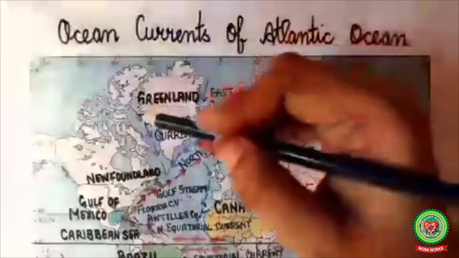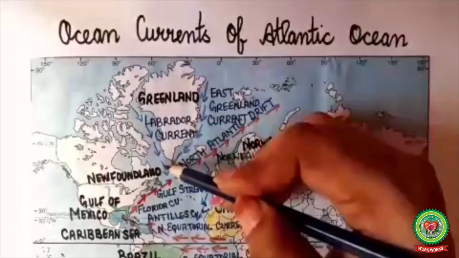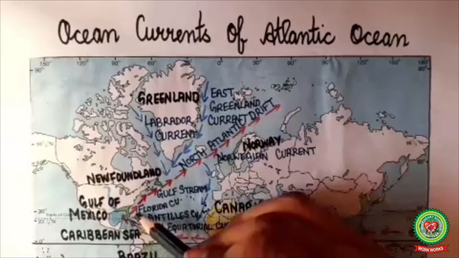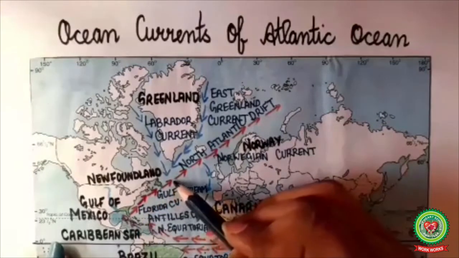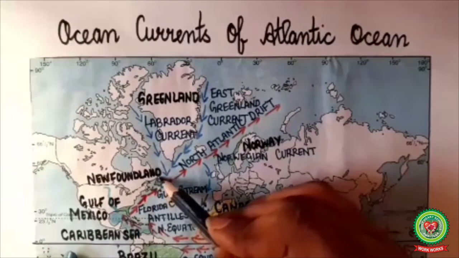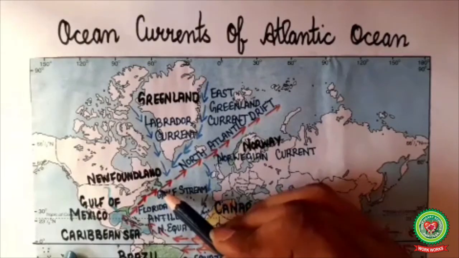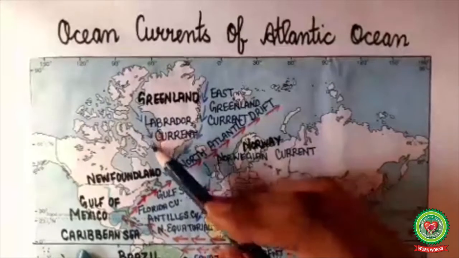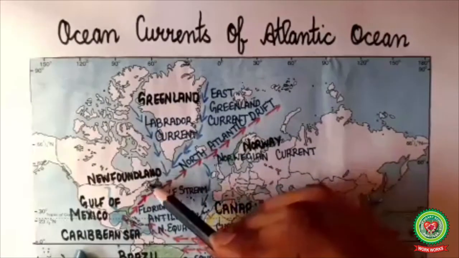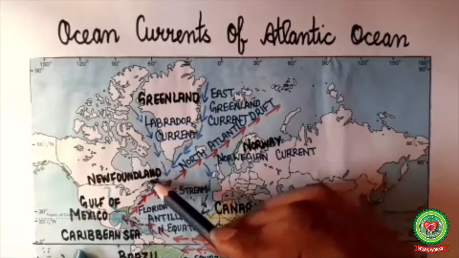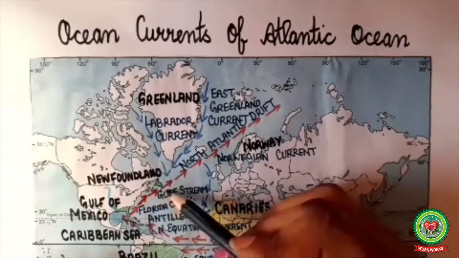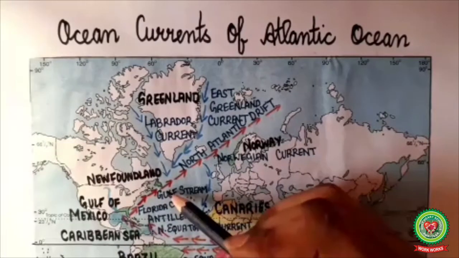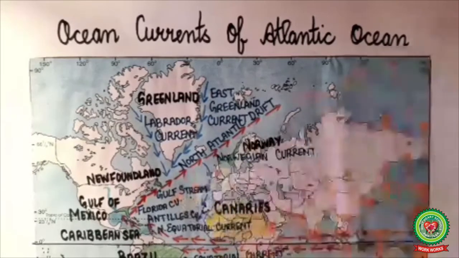The cold Labrador current meets with the warm Gulf Stream in Newfoundland. Due to the meeting of the warm Gulf Stream and cold Labrador current, thick fog is formed in Newfoundland, which is not good for navigation as it hinders visibility.